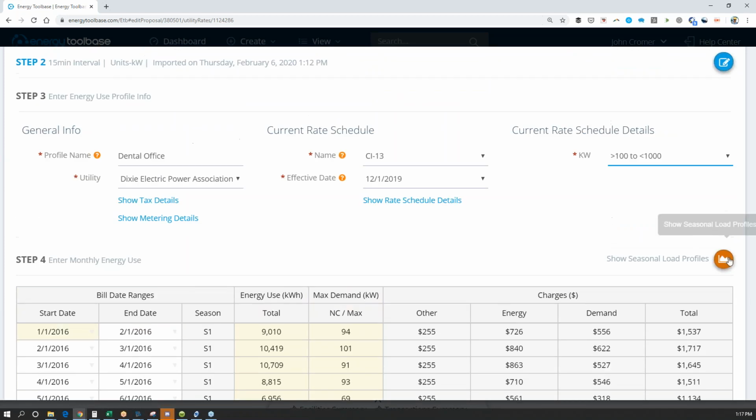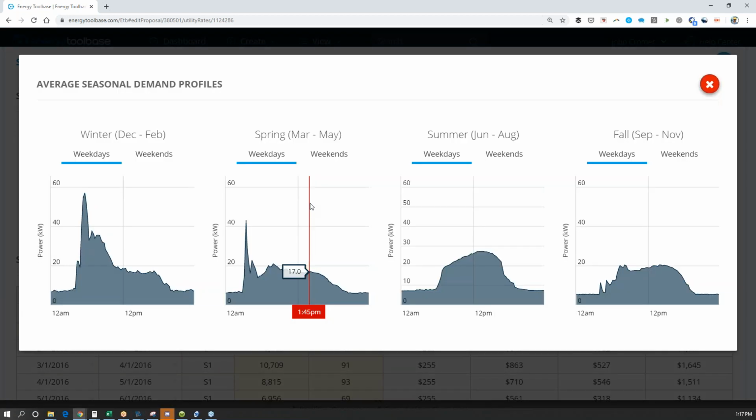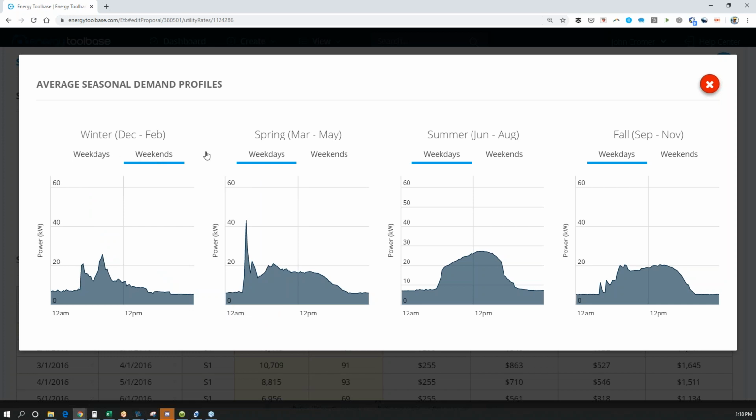And then we have this button that says show seasonal load profiles. And so we can see from our demand data, we can see our winter, spring. Winter is a spiky peak with our peak load. That's probably an electrical heating load. Spring is an overall lower demand profile, although we still have some heating loads that must be turning on in March.